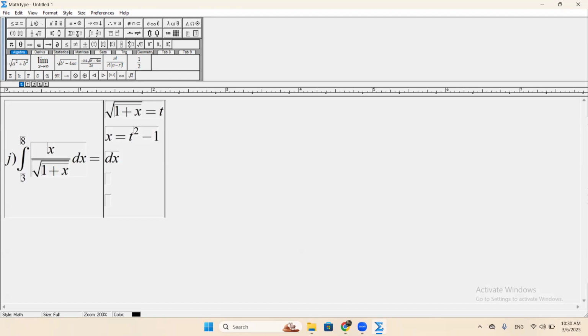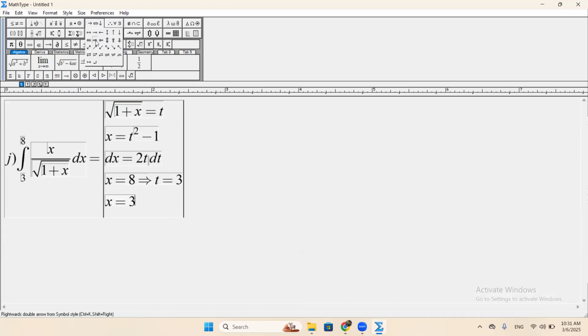So dx equals 2t dt. Then what about bounds of integration? So when x equals 8, t equals 3. When x equals 3, t equals 2.